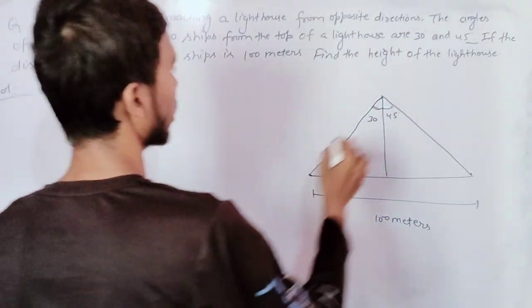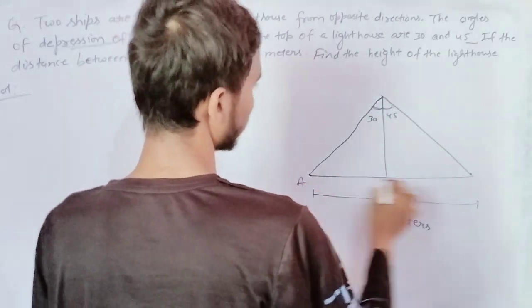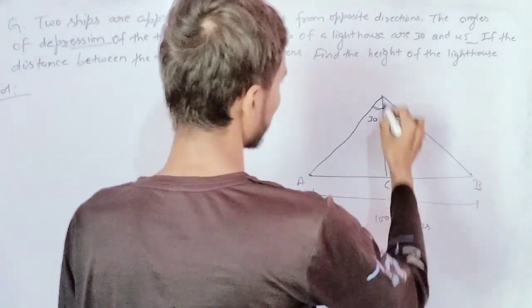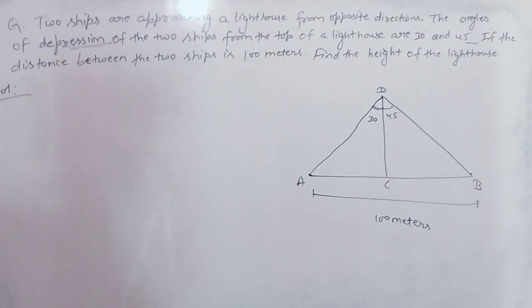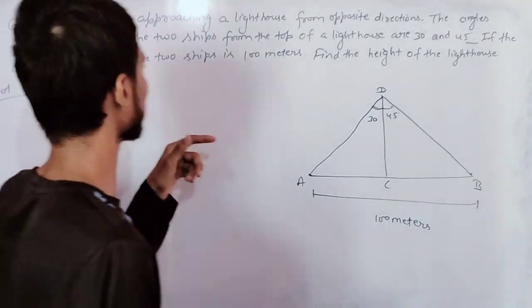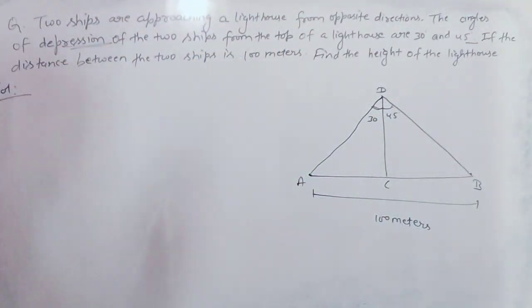Clear? Now let's say this is A, B, C, D. Find the height of the lighthouse. The question is to find this CD.